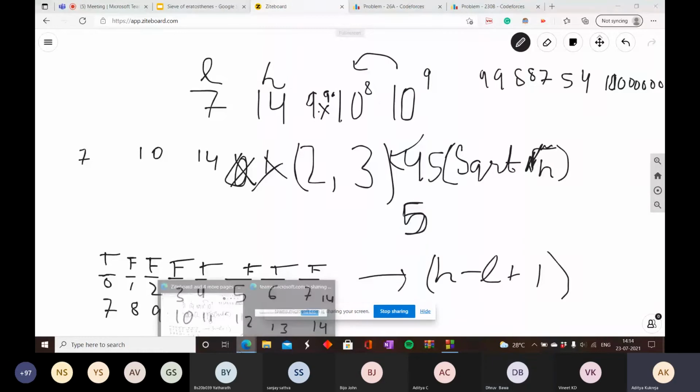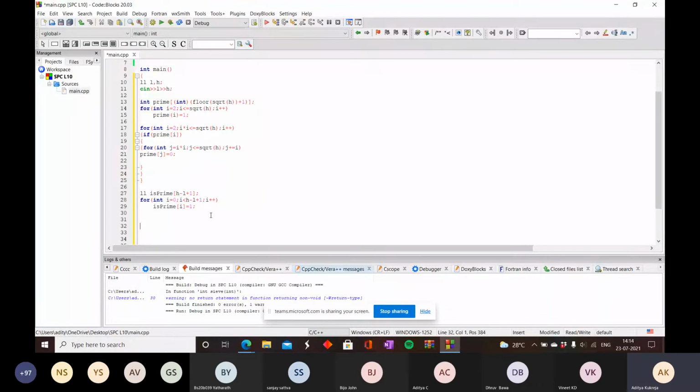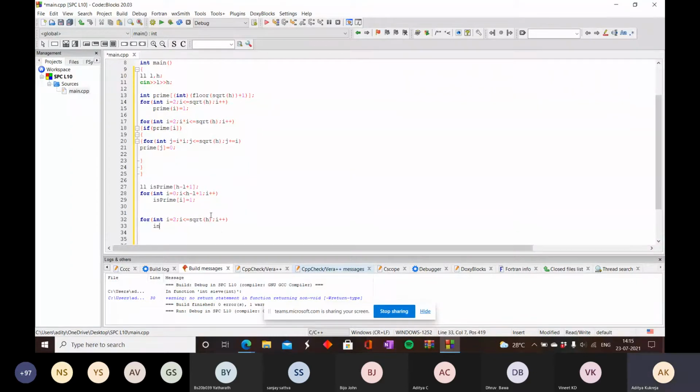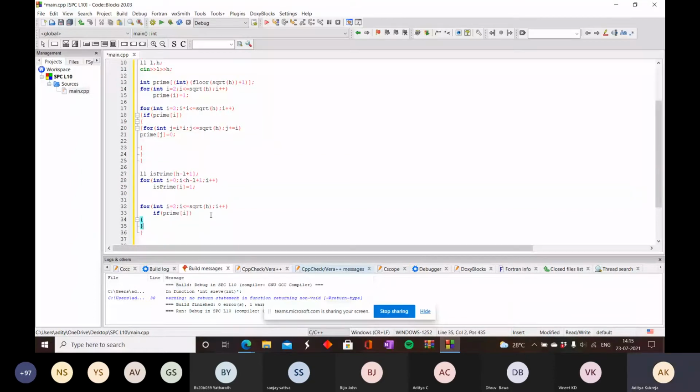So now once you've done that, we have to cross out all the multiples of 2 from this array. So we'll do that using another loop.